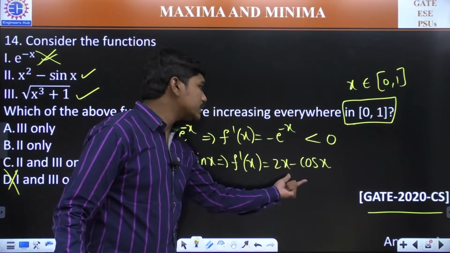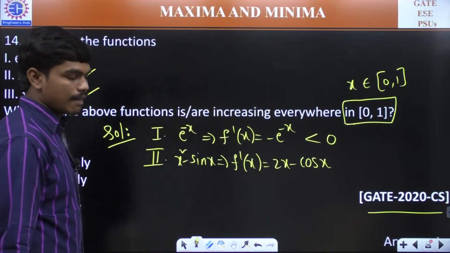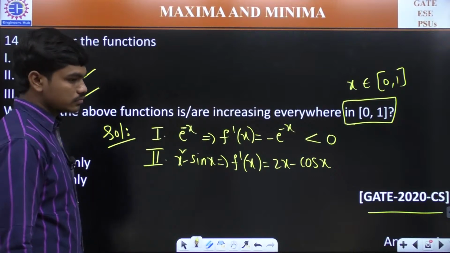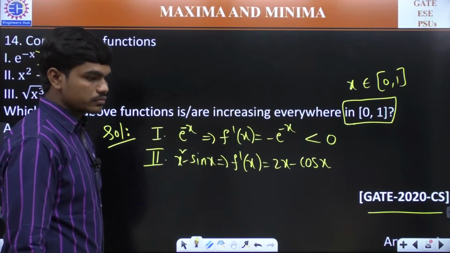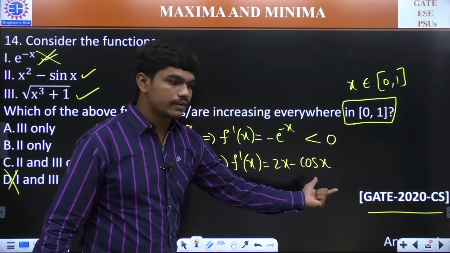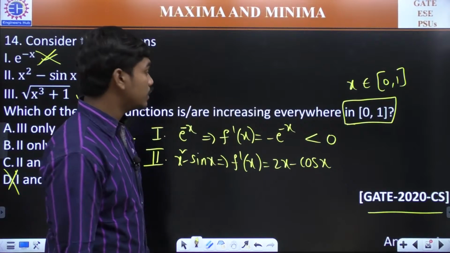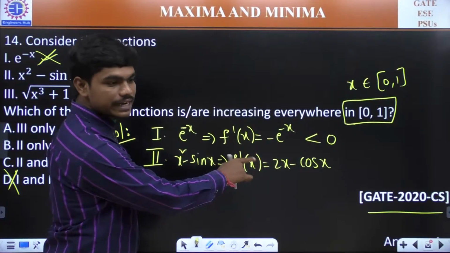How to identify this is less than 0 or more than 0? How to identify this is positive or negative? Keeping any value between 0 and 1. Oh, really? Yeah, I know you will be doing this. That's why they gave this question in the GATE examination.